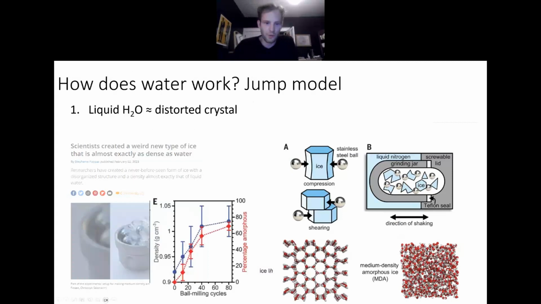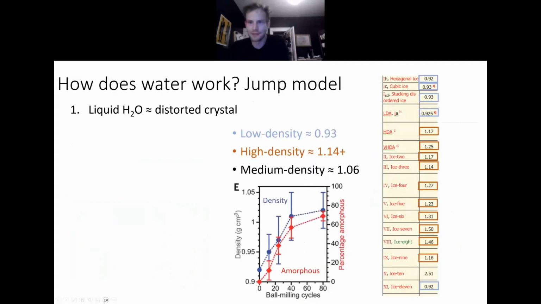They started off with ice with a low density of about 0.9, and then after 40 ball milling cycles, shaking it 40 times, they had a powder with a density of around 1. And 1 is really peculiar because that's the density of liquid water.